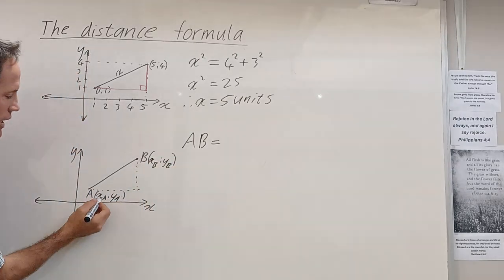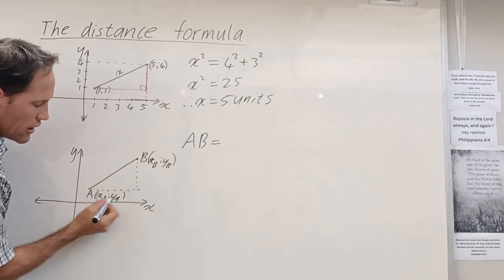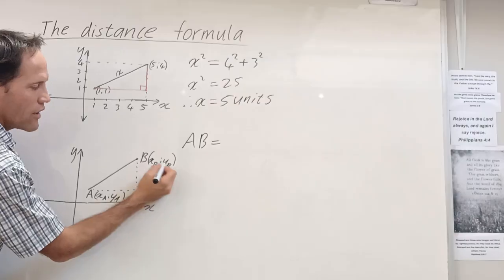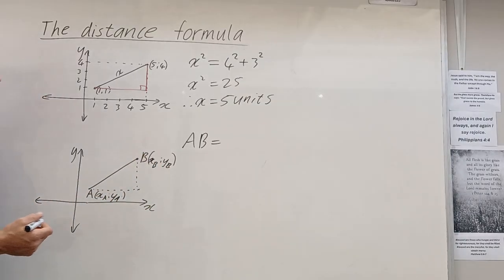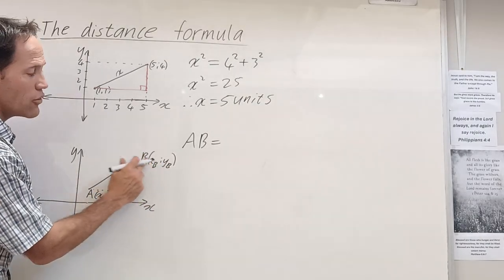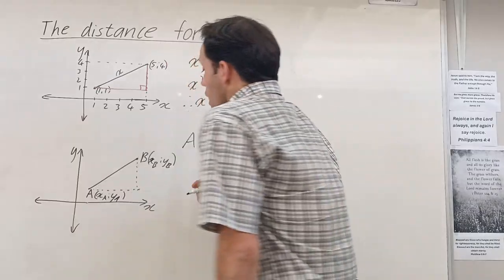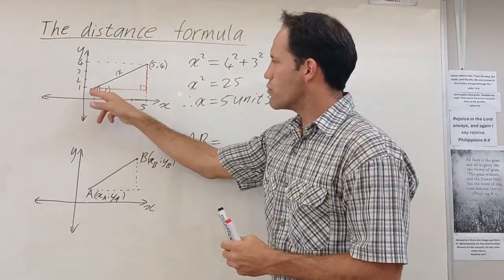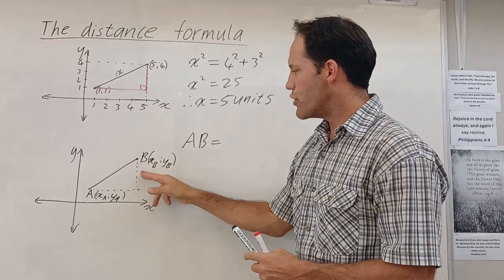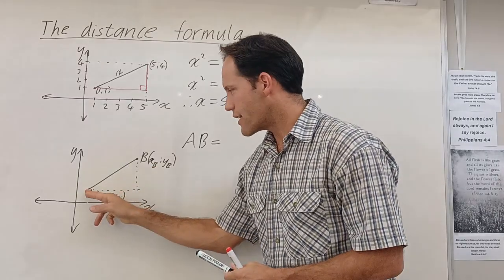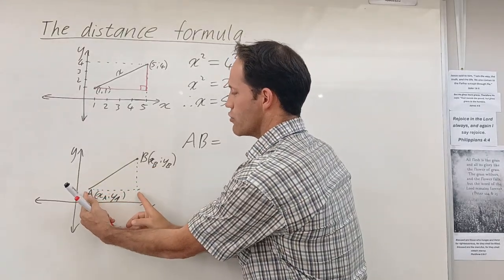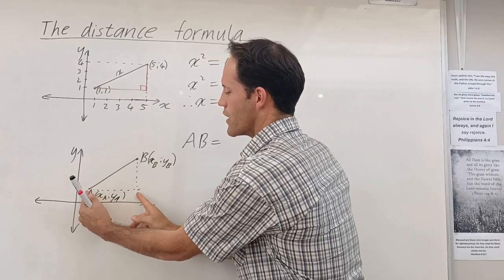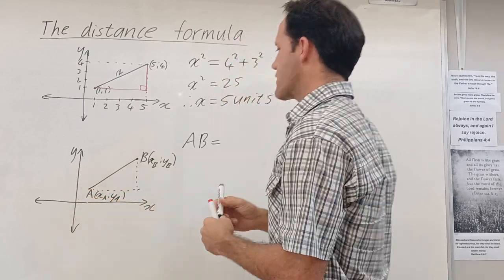Okay, xA, the x value at A, the y value at A, the x value at B, the y value at B. That's what it stands for. yB is the y value at B. So let's first look at the x values. Here we said 4 is 5 minus 1. So here we're going to say the x value at B minus the x value at A will give you that distance. You agree? Like 5 minus 1. It's xB minus xA. Okay?